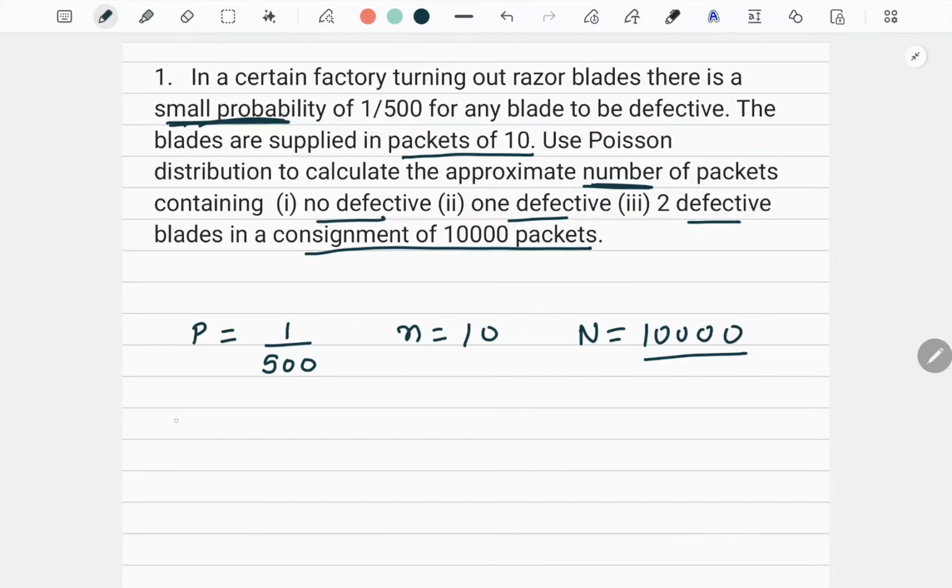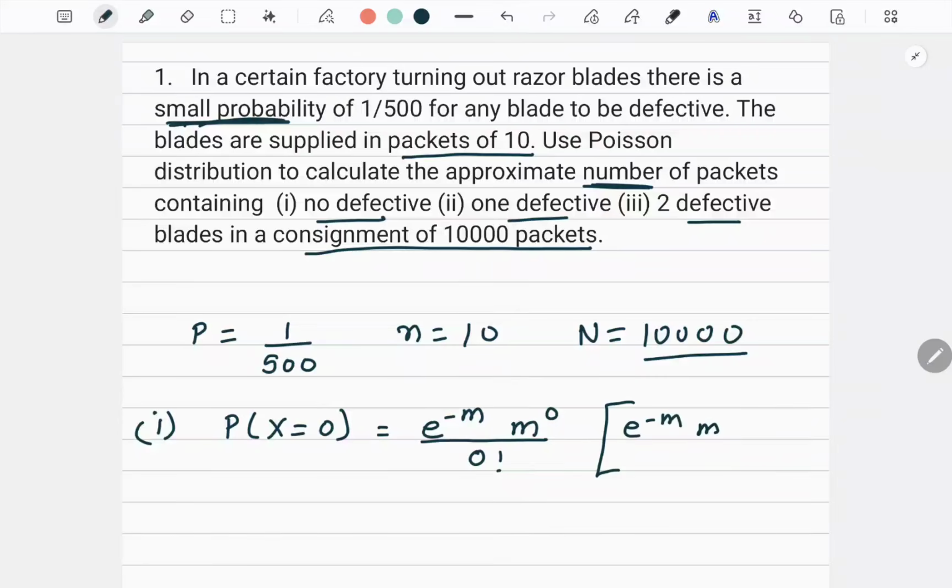What is the first thing they are asking? First they are asking the probability of no defective, meaning probability for x equal to 0. So apply the formula, e to the power minus m, m to the power 0 upon 0 factorial. Poisson's distribution is e to the power minus m, m to the power x upon x factorial, and here the x value is 0.